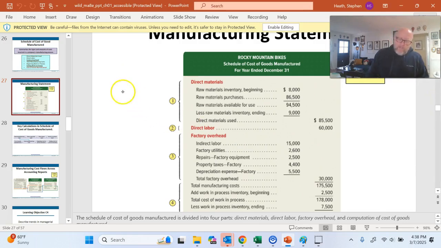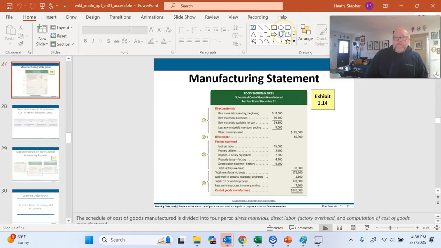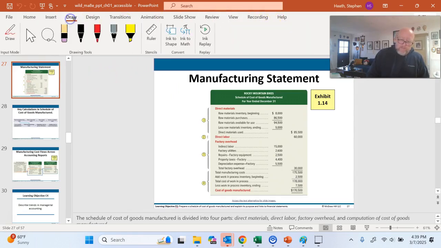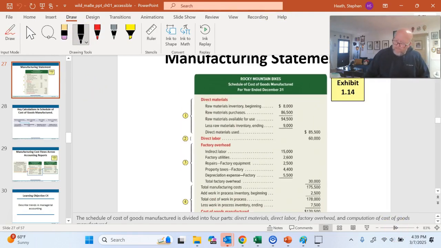So the first section is, bear with me, the raw materials account. And I think I can draw on this. This first section is raw material, right? And again, we had beginning balance, and then we have all of our purchases.